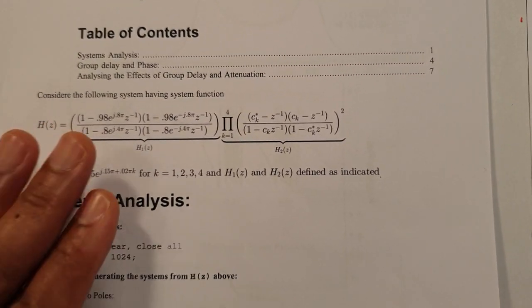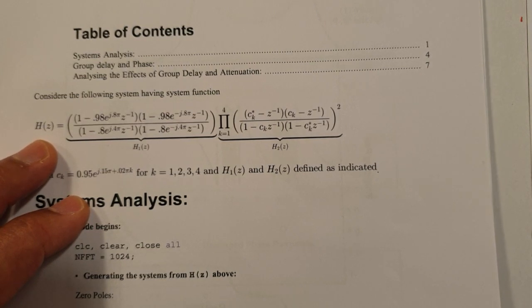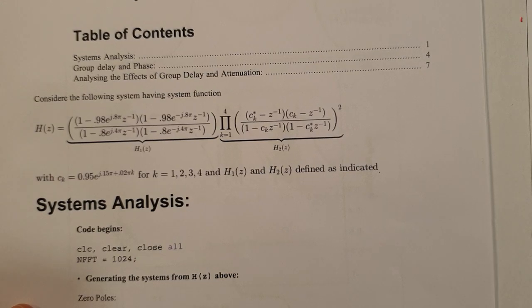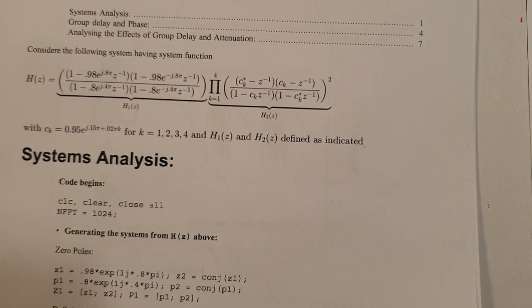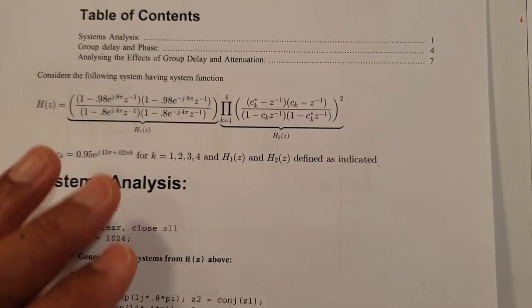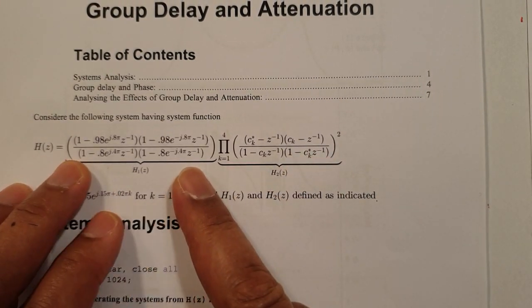So in this example, I have this MATLAB file on Canvas. By the way, you can also export it in the PDF format if you want to. So we have this system. This system has two parts. It has this first part here.